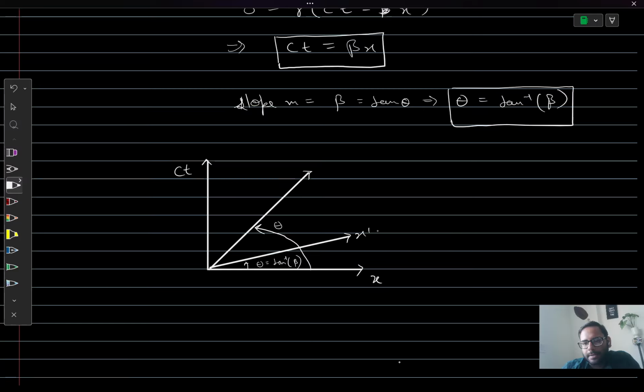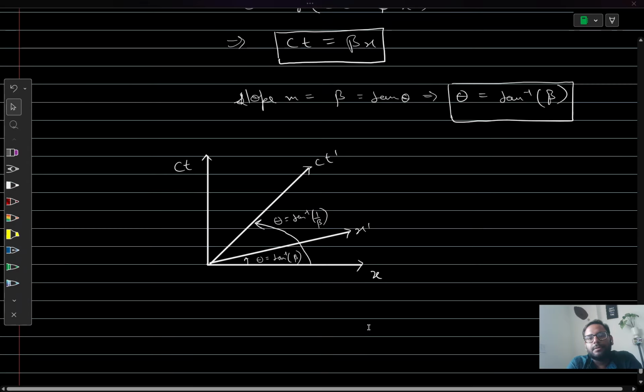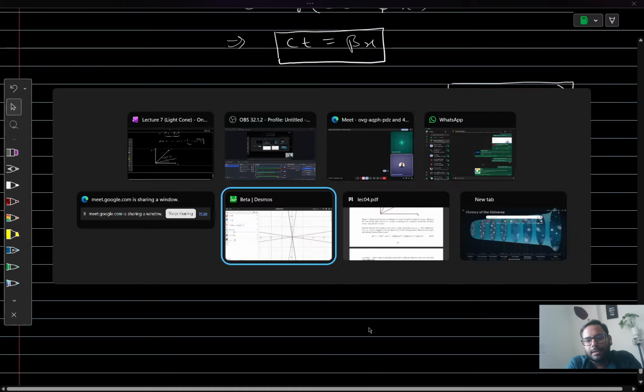This is my x prime axis, and this angle will be tan inverse of 1 over beta for the ct prime axis. So this is my S prime frame axis, and this is my S frame axis. That's how we draw graphs. Let's check graphically what happens.